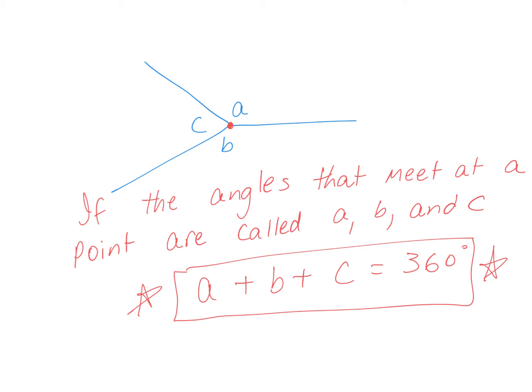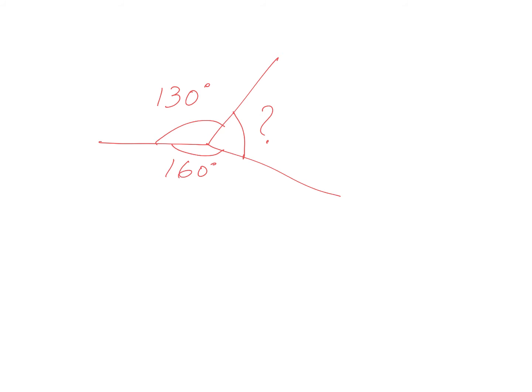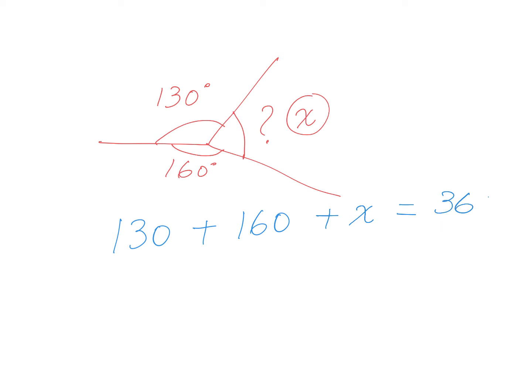Now using this logic, let's say I have a diagram like this. So this is question mark. We've got something like 160 over here, and we've got 130. Now again, we could call this x. So 130 plus 160 plus x is equal to 360.